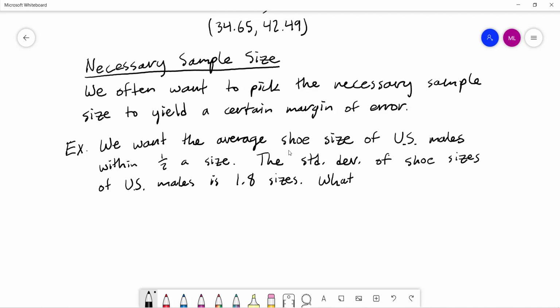What is the necessary sample size for a, and let's pick a different number instead of 95%, just so we can get practice using this. Let's say for a 99% confidence level.